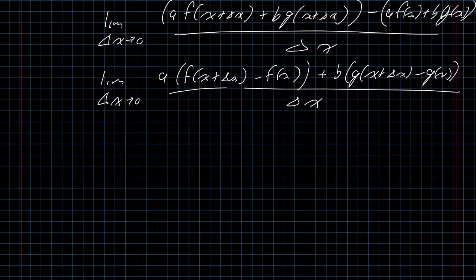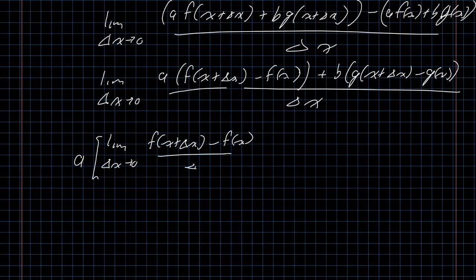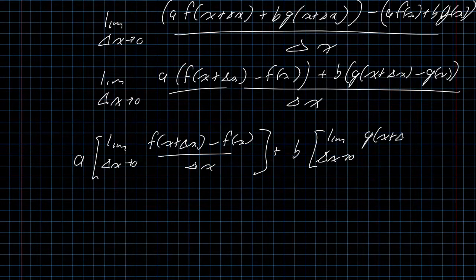And then the limit itself is linear. That's something that we've proven. So we can rewrite this as a times the limit as delta x goes to 0 of f of x plus delta x minus f of x all over delta x plus b times the limit as delta x goes to 0 of g of x plus delta x minus g of x all over delta x.